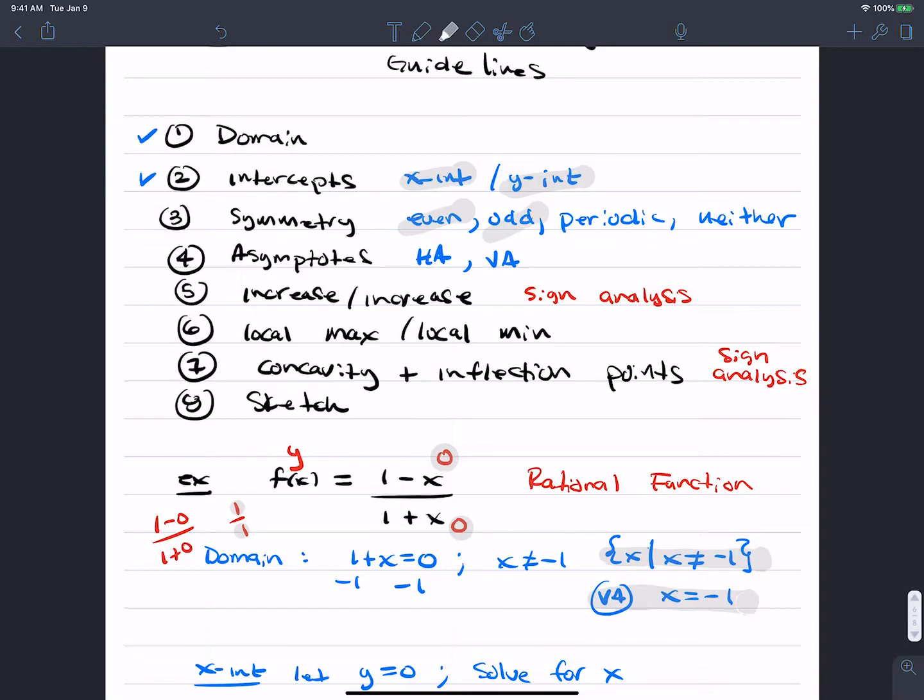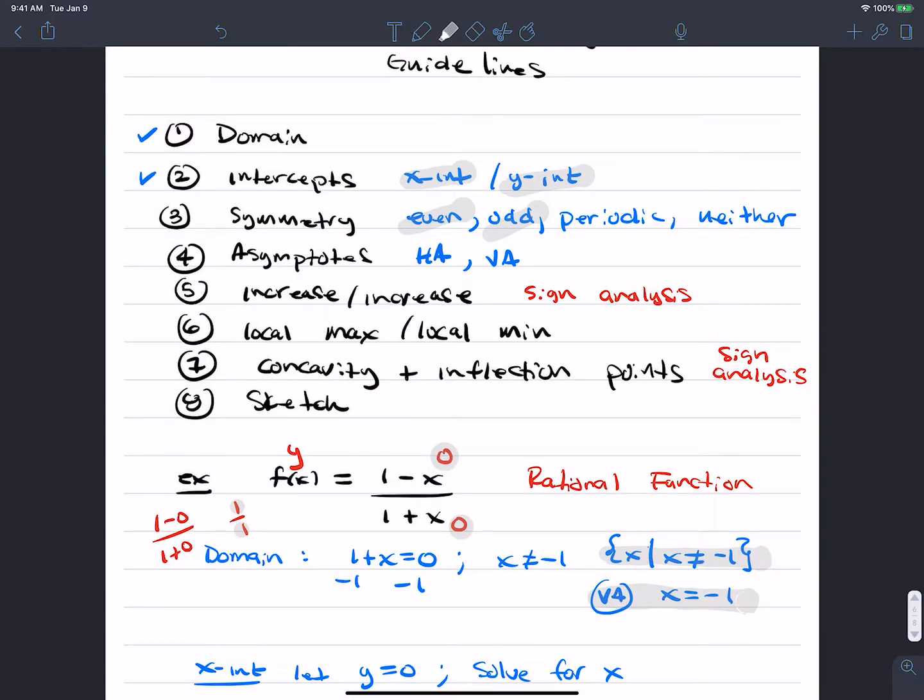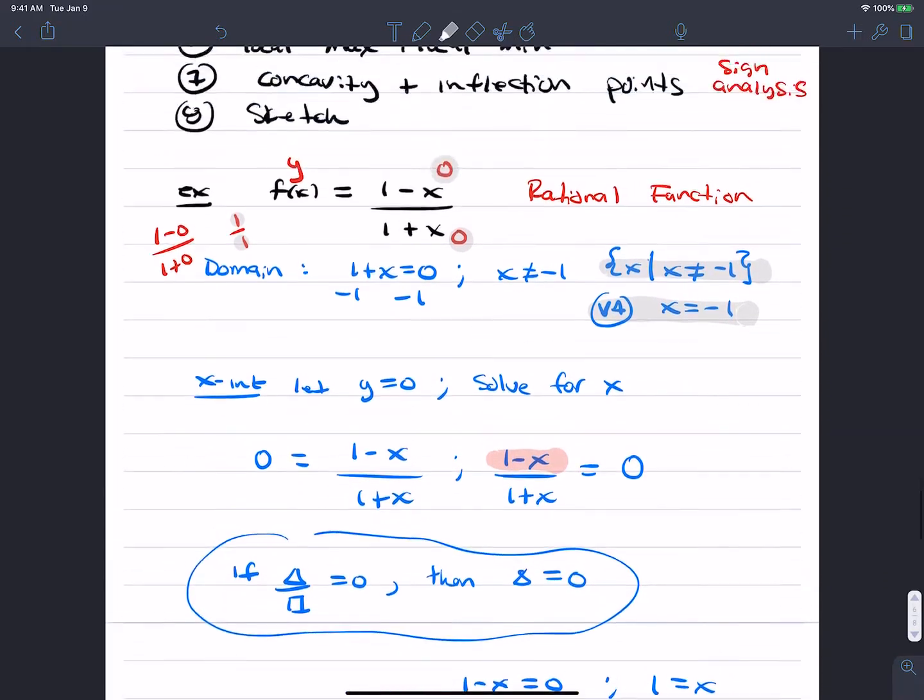Okay, in this particular example, if it was a trig function, you were going to look for whether it's periodic, right? So it could be even, it could be odd, or it could be neither. And that might help us in our curve sketching. So we're going to look at that analysis as well, see where this function is even, where it's odd.